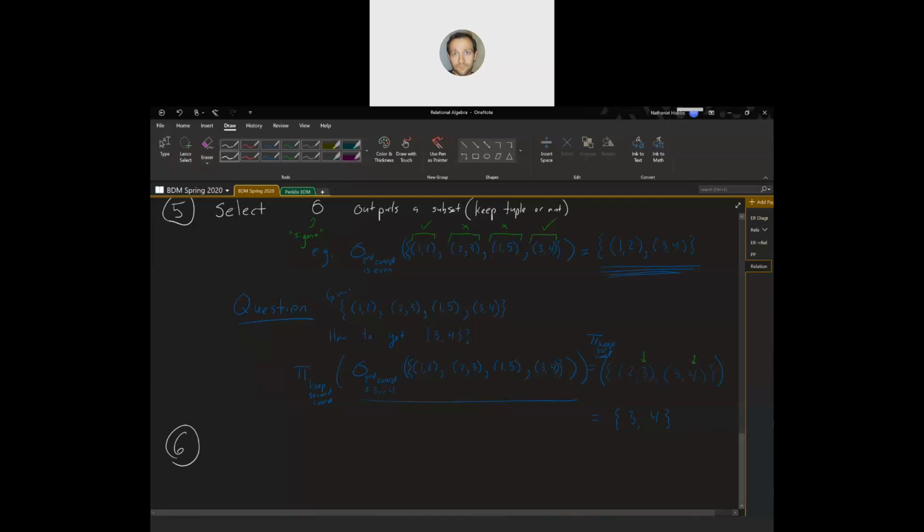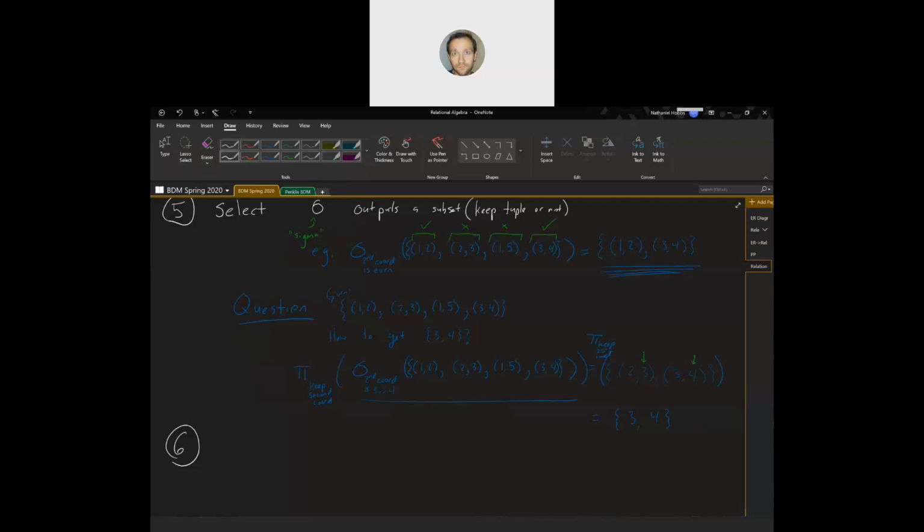Oh, pi keeps the second coordinate, then set difference of set 2, 5. Yeah, Lydia, that works, I guess.